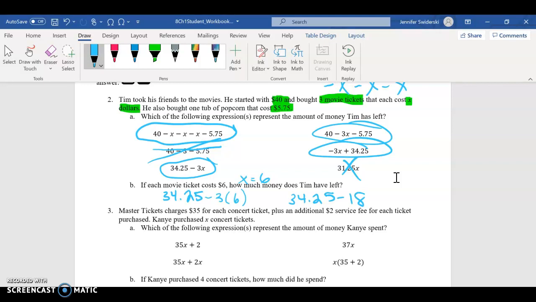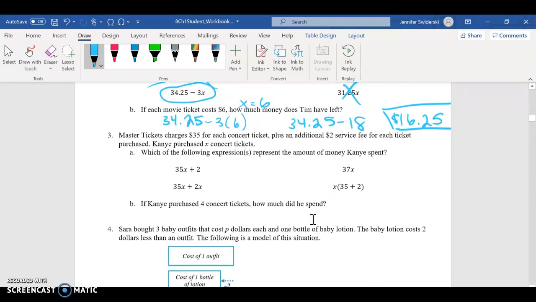I'm going to take my calculator, do 34.25, and subtract that 18. Tim has $16.25 left over.